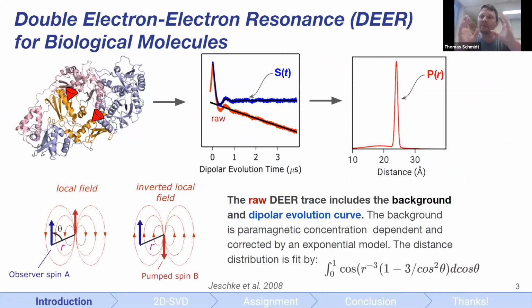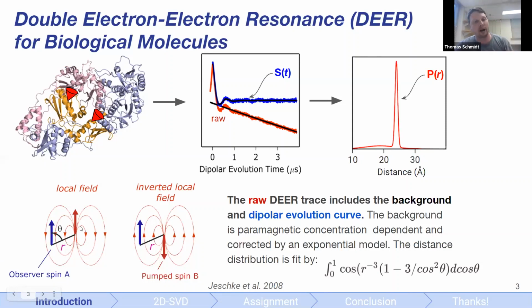Once we have the labels attached and we have our library, we can pick two paramagnetic labels and determine the distance between them, to identify, for example, domain movement. We pulse on one of them, which is our observer spin.